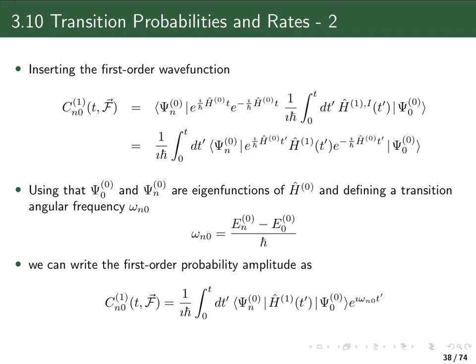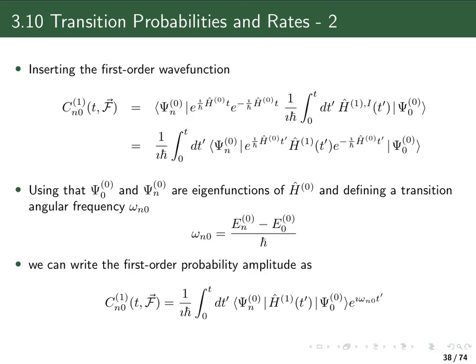Now, the unperturbed wave functions psi 0 and psi n here in the ket and in the bra are the eigenfunctions of our unperturbed Hamiltonian, and therefore I can let the exponential operator act on this wave function, which means that the unperturbed Hamiltonian is replaced by the corresponding eigenvalue, which is E0 zeroth order here, and here it's En, the zeroth order energy of the n state.